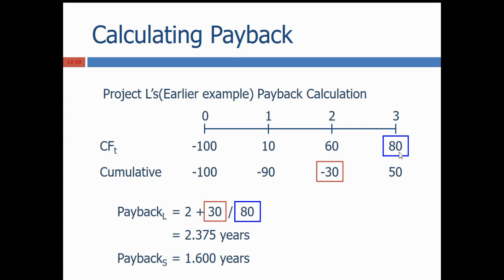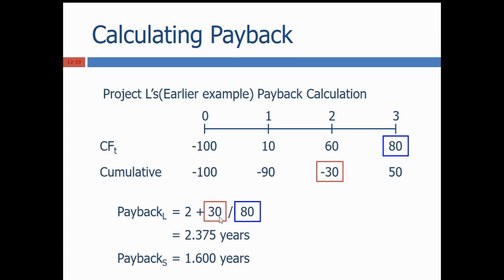Now you want to calculate exactly at what point in time you have recovered the cost of your initial investment. So it took a full 2 years, and 0.375 years. How do you get 0.375?